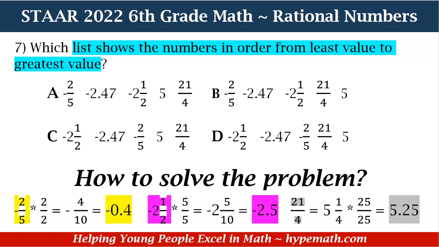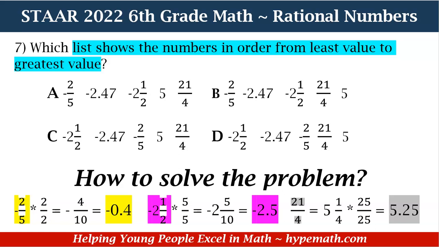So I'm going to multiply my numerator and my denominator by 5. I'm going to keep my whole number, so it's -2. Now we need to multiply our numerators. 1 times 5 is equal to 5, and 2 times 5 is equal to 10. So now my equivalent fraction is -2 and 5/10, which can be converted to -2.5.